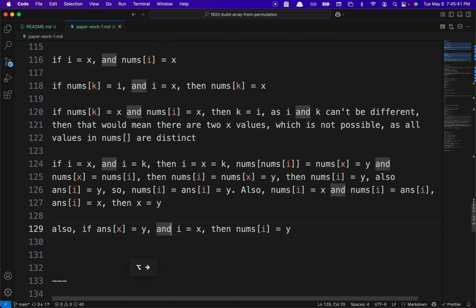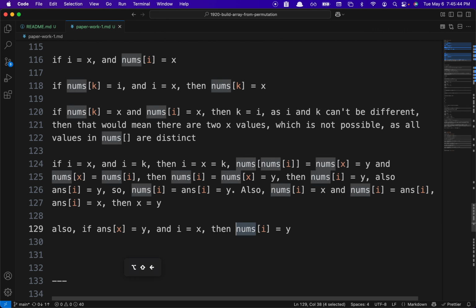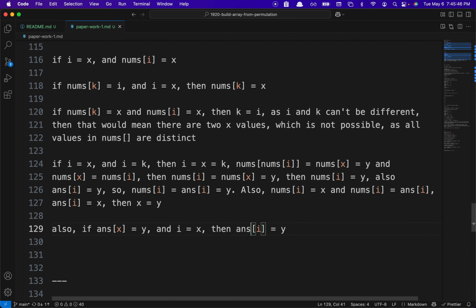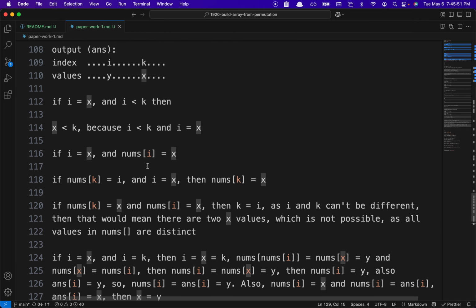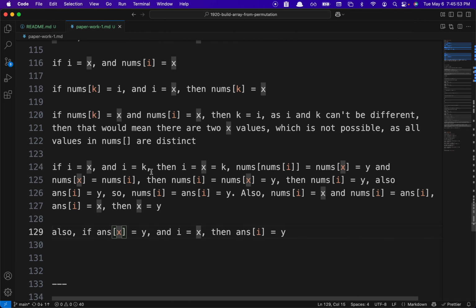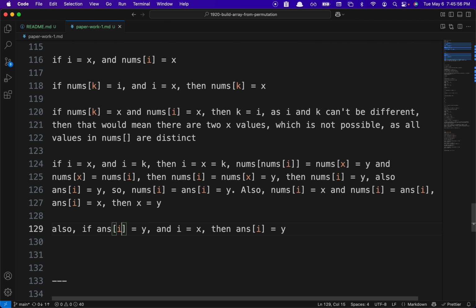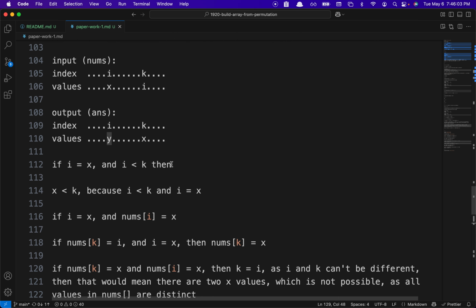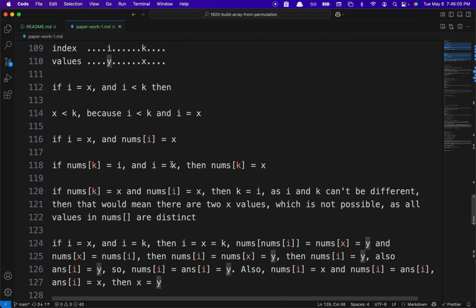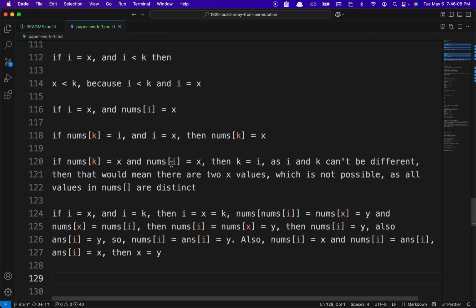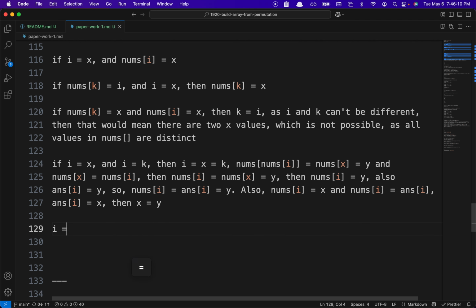Answer of x is y, and answer of i is y. Do we need answer of x? No, I don't think so. We don't need this, so we'll just stick with this. So then i equal to x equal to k equal to y, right?